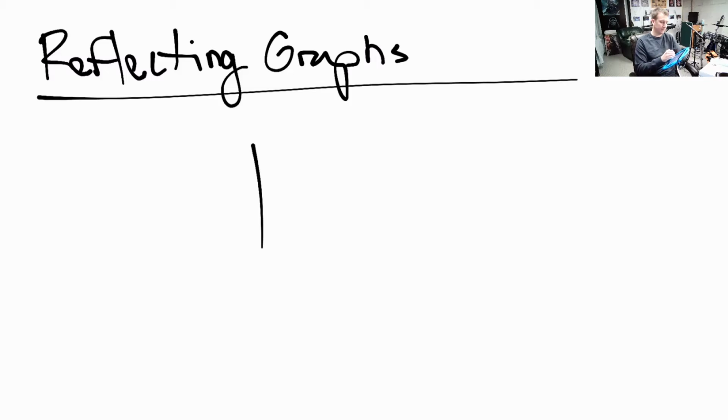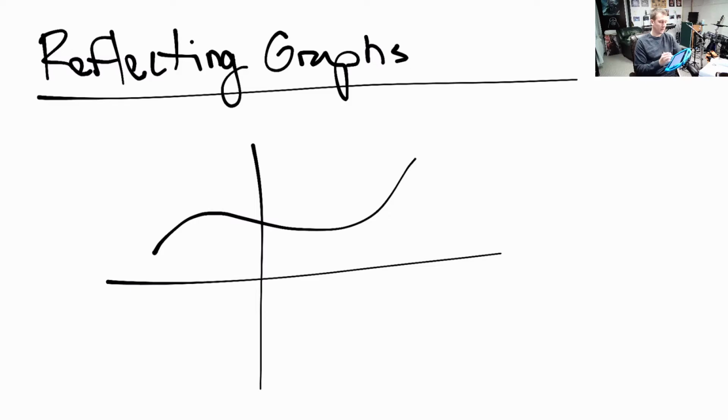So when we take a graph, if we want to reflect it about the x-axis, we can accomplish that by, for every x value, there's a y value associated to that. We can accomplish the reflection across the x-axis by just reversing the sign of every height.